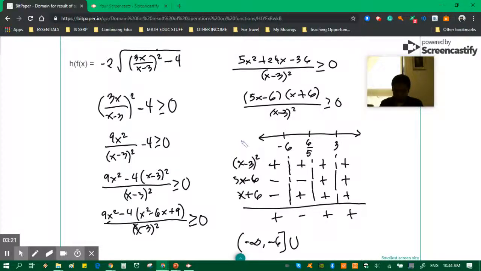Together with, this is everything beyond 6 over 5 or more than 6 over 5. And 6 over 5 can be used.